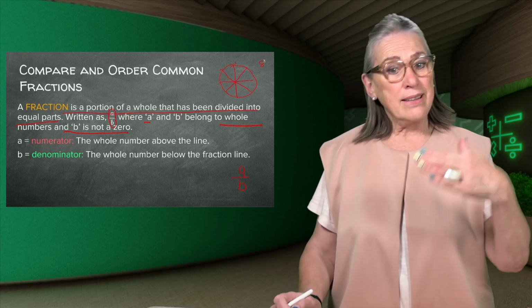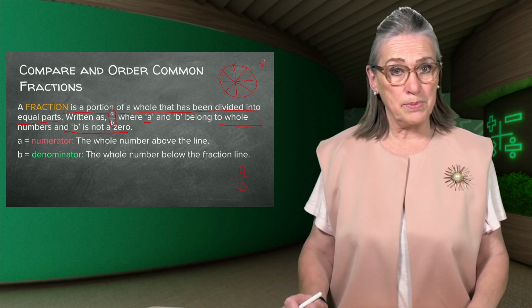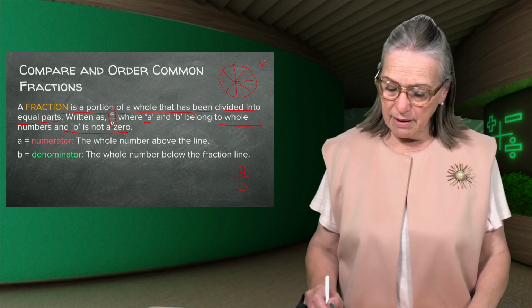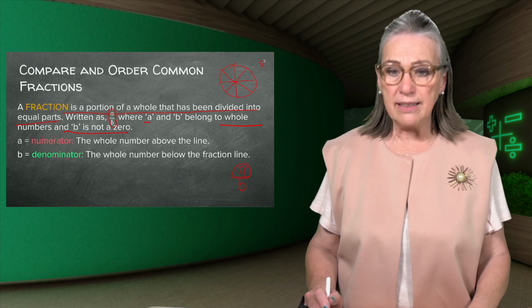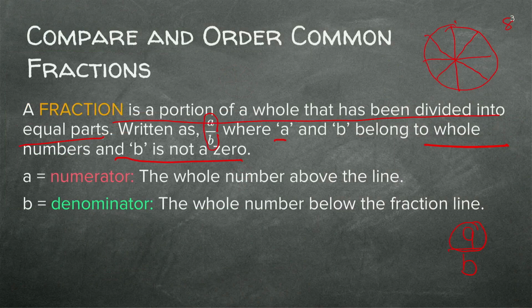Okay. Now these positions have got names. If it's the fraction, the section at the top is the whole number above the line, and that is called a numerator. And the number at the bottom, the B, is called a denominator. And I want you to remember this, please.